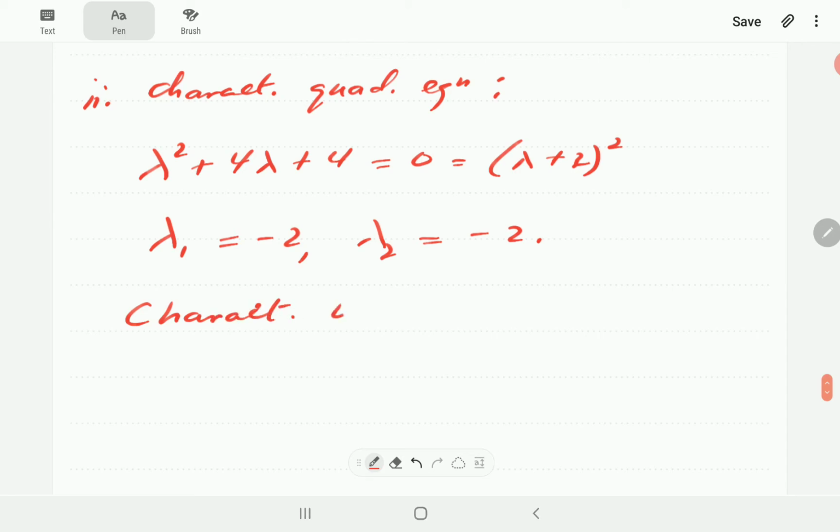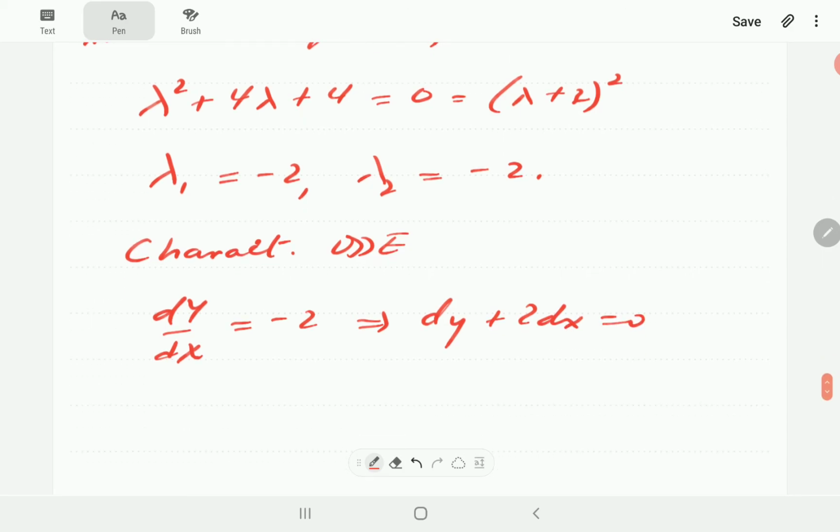Then the characteristic ODE is just one this time. dy/dx is negative 2. So dy plus 2 dx is 0. So y plus 2x is c1.